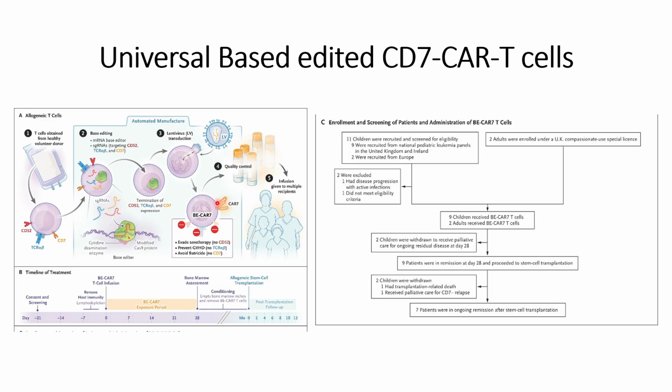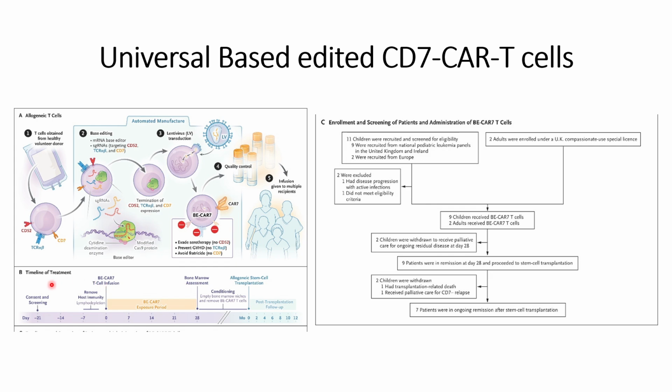This is what they commonly call BE-CAR7, that is base edited CAR7 T cells, and thereafter they infuse this to multiple recipients, and the recipients are mainly kids less than 16 years of age. However, they have also used these CD7 CAR T cells on adults based on their consent.